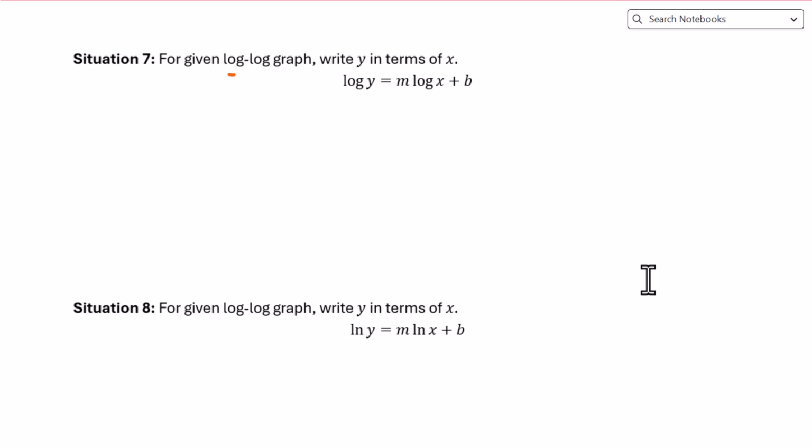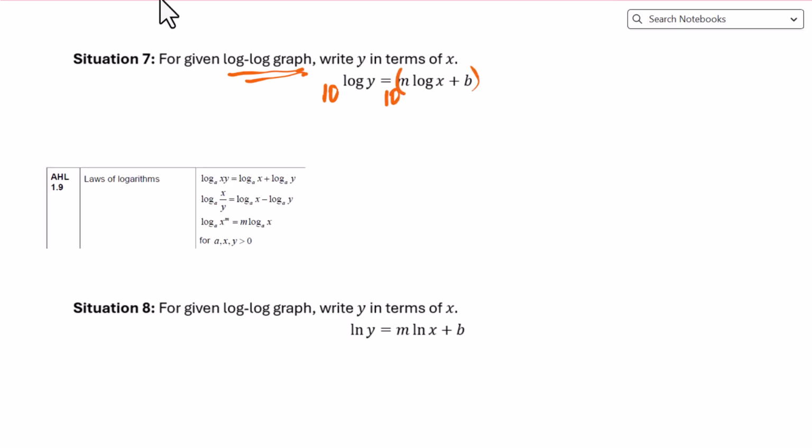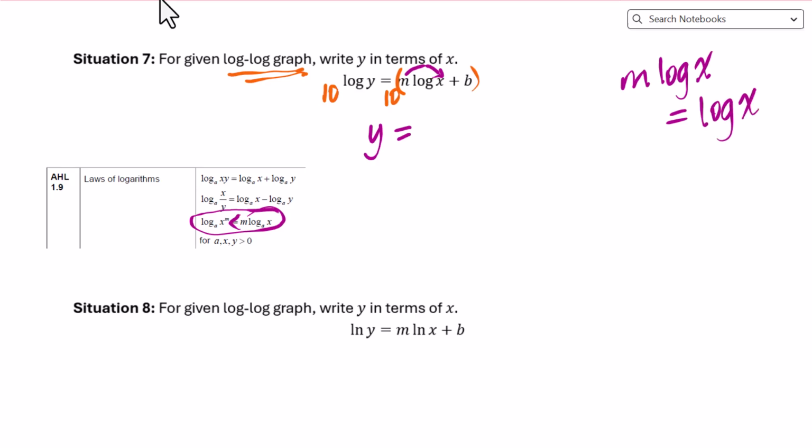For the given log-log graph, write y in terms of x. We will take 10 as a base on both sides. So we got y equals, for this m times common log of x, we will use this formula backwards to get common log of x to the power of m.